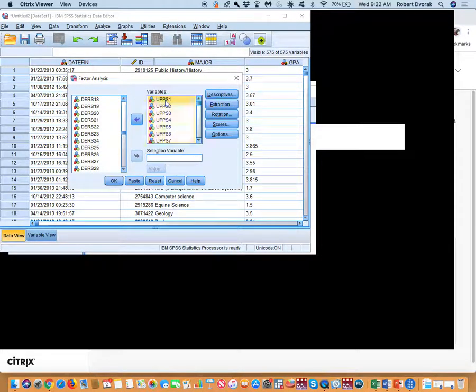All right, got these moved over. So the UPPS is a scale that looks like this. We have a whole bunch of items up here that comprise negative urgency, positive urgency, premeditation, perseverance, and sensation seeking.